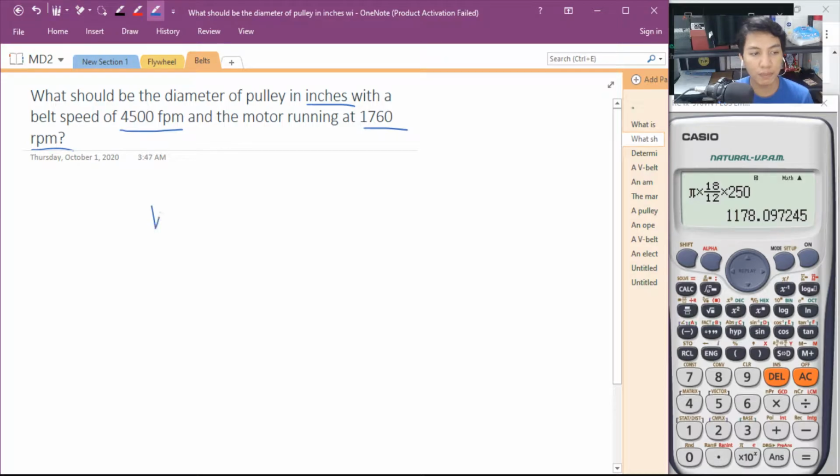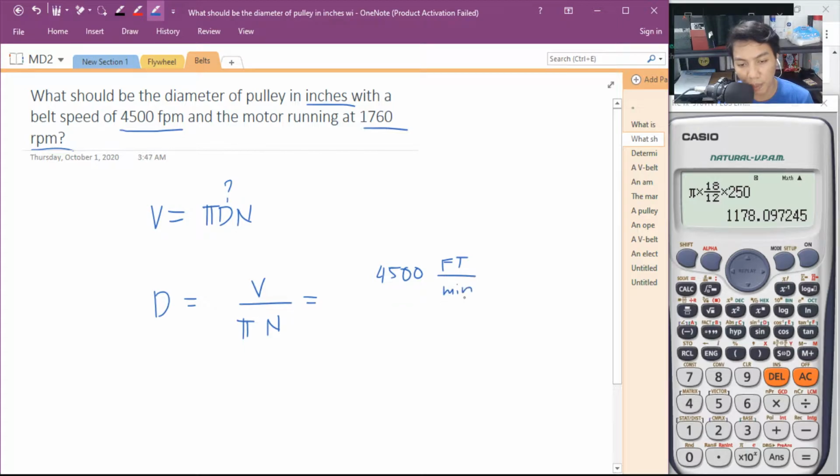So you have velocity equal to pi d n. Ang hinahanap natin is the diameter. Okay. So the diameter is equal to v over pi multiplied to the rotating speed. Now, the velocity is 4,500 feet per minute. I-divide natin ang pi multiplied to the rotating speed na 1,760 revolutions per minute. So, maka-cancel natin dito yung minute.